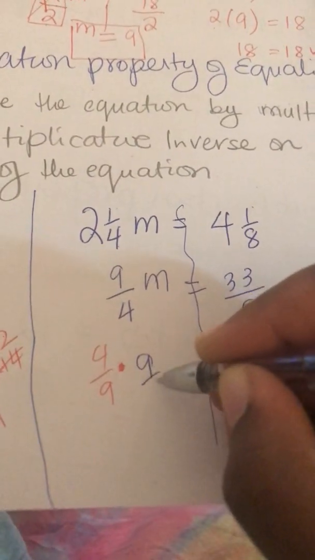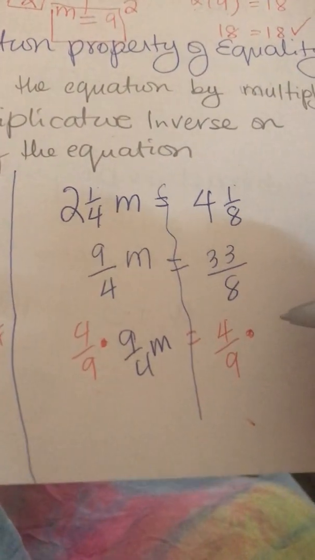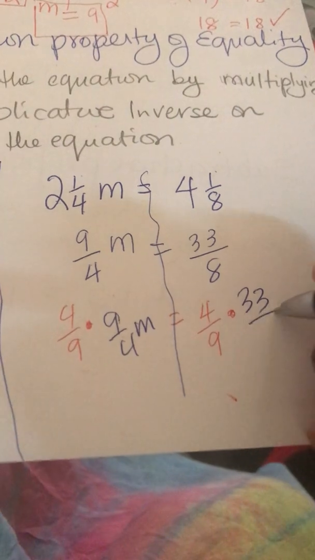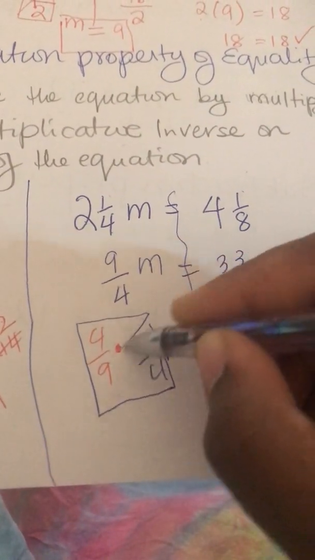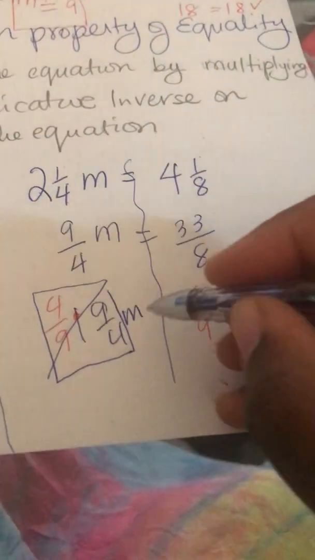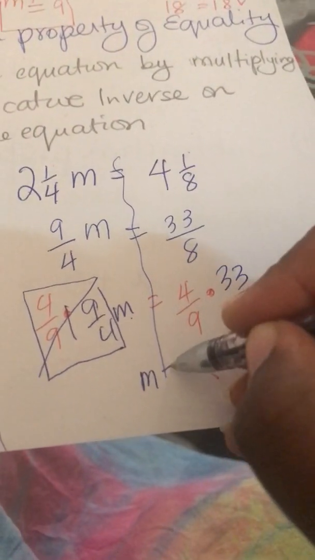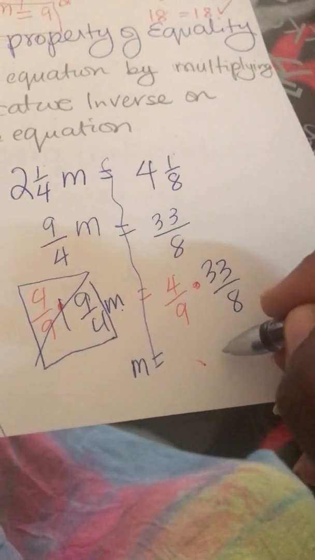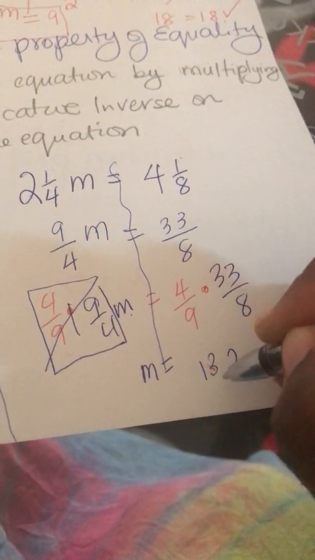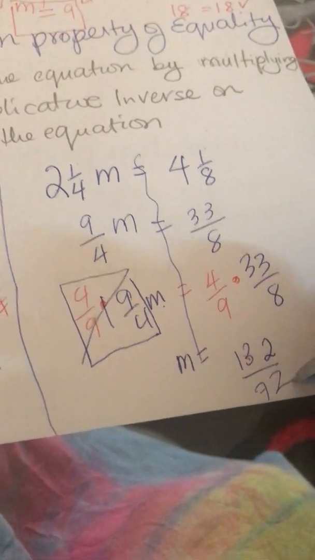Then you bring down your question and you box the side with the coefficient and the multiplicative inverse. That becomes 1. M is equal to 4 times 33, that is 132 over 72. Okay. So 33 times 4 is 132.